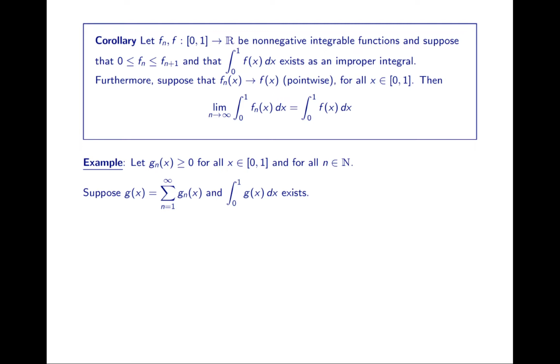Because, of course, a series is nothing more than a sequence of partial sums. So our task is to show that the integral from 0 to 1 of g, the pointwise limit of my series, equals the sum of the integrals of gn of x. In other words, that this summation can be distributed.